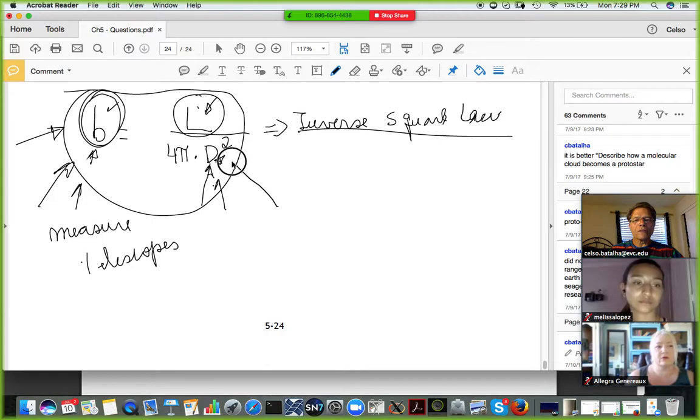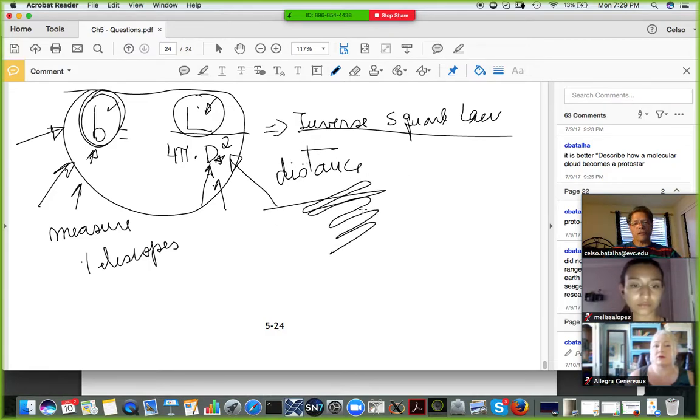What can you determine? The distance. The inverse square law is one of the most robust expressions in astronomy, because using different methods, if you collect information about the amount of energy the star, or the galaxy, or whatever you're studying, or the cloud is emitting in space, so you know L, and you observe B, you can get D, the distance.